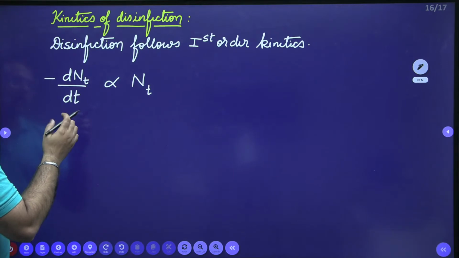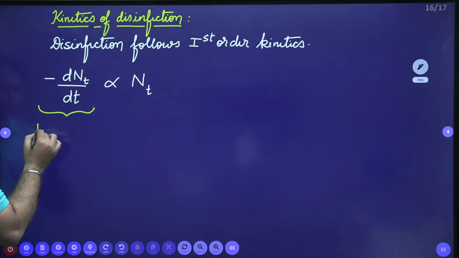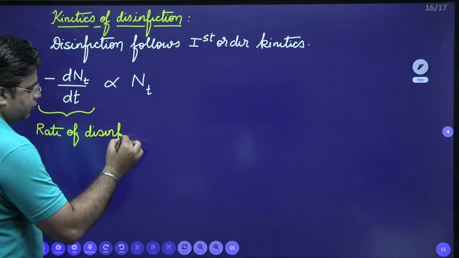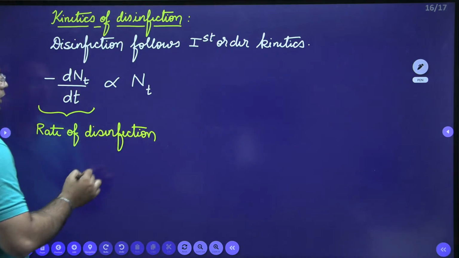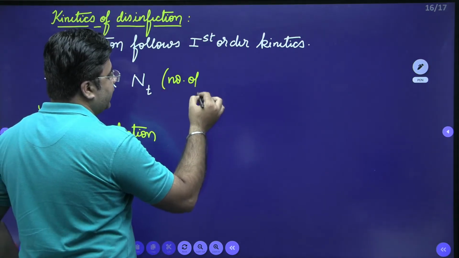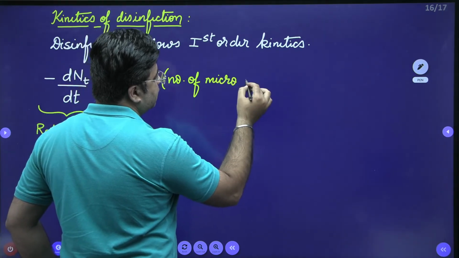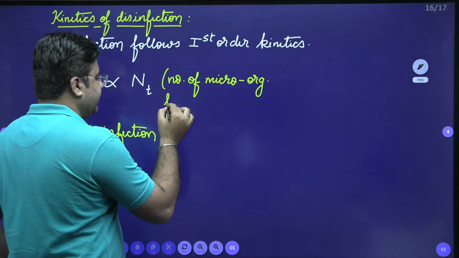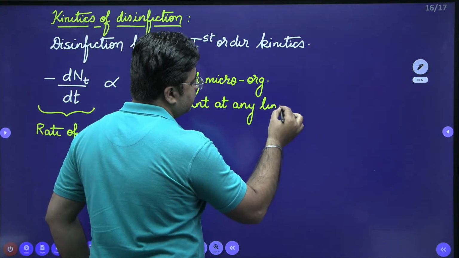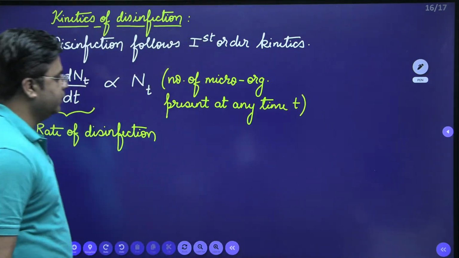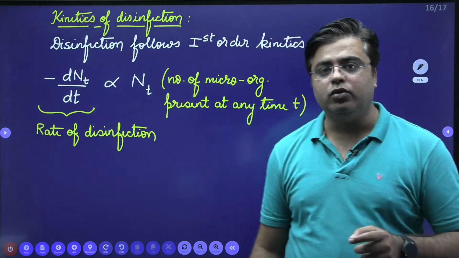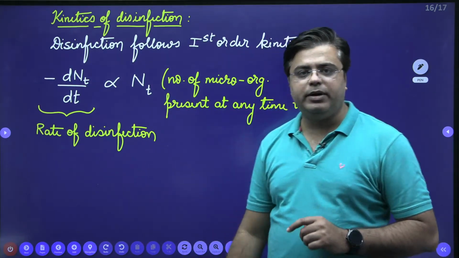The rate of disinfection is directly proportional to the number of microorganisms present at any time t, which is equal to Nt.